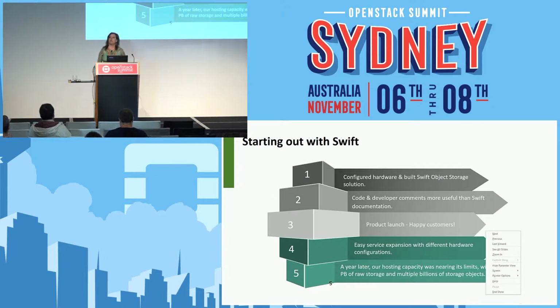And so we started diving in to other Swift applications that had been built and using the code comments, which helped us to continue building our own solution. And so we had a successful launch, and we got some great response from our users. And we thought it was going to be super easy to scale and to use different hardware configurations.